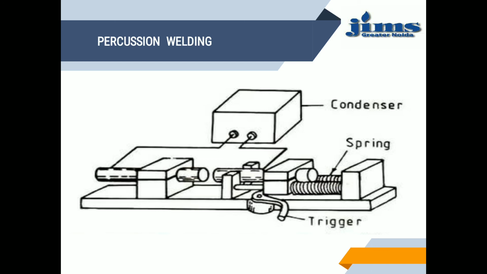Disadvantages: the process is limited to welding of butt joints only. Accurate holding fixtures and sensitive timing devices are required in percussion welding. This is the major drawback.